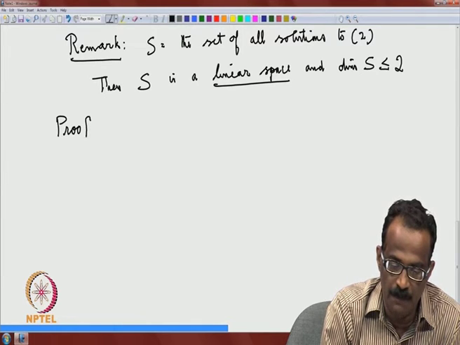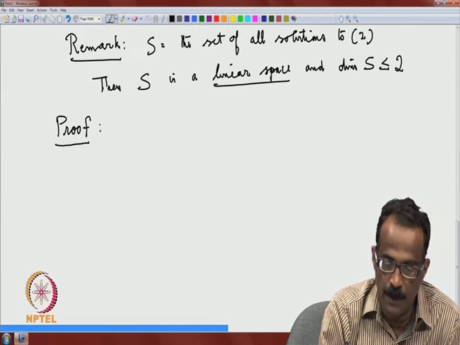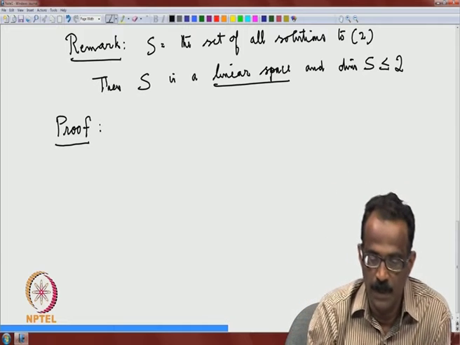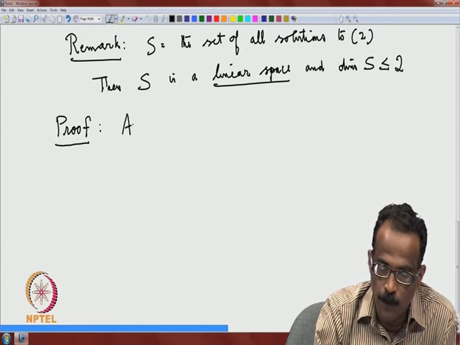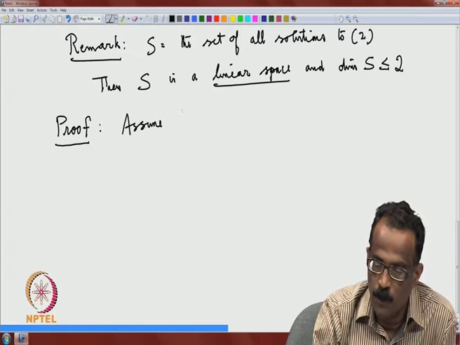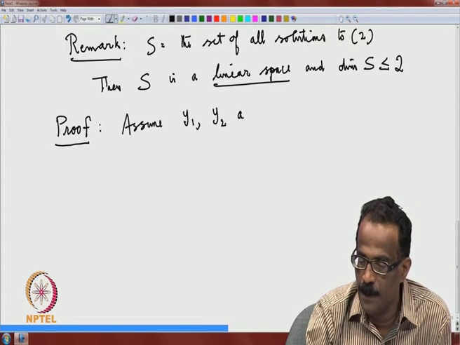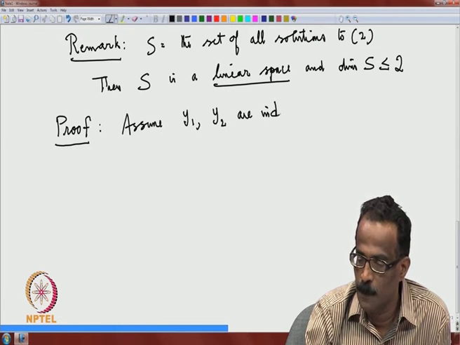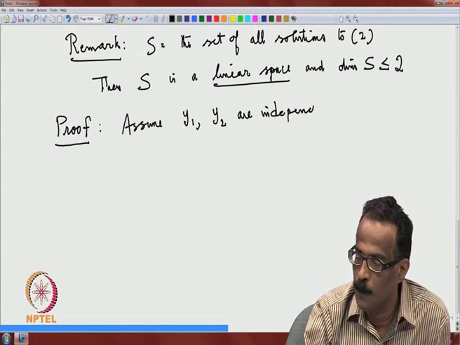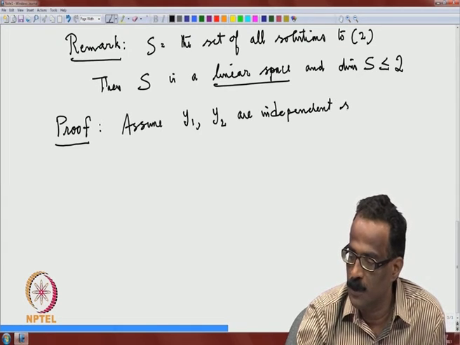The proof is not really difficult, we only have to prove one part. So, assume y1, y2 are independent solutions.